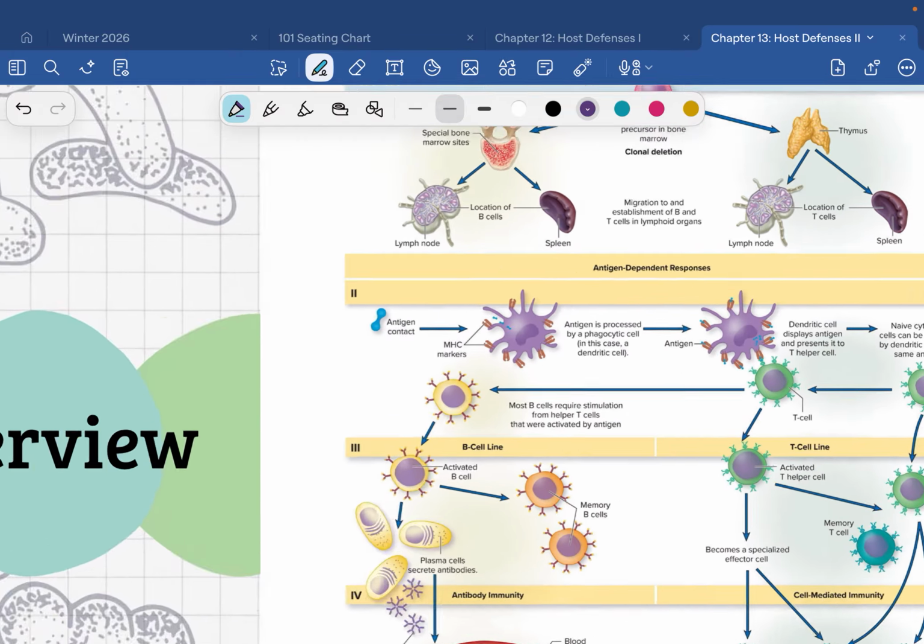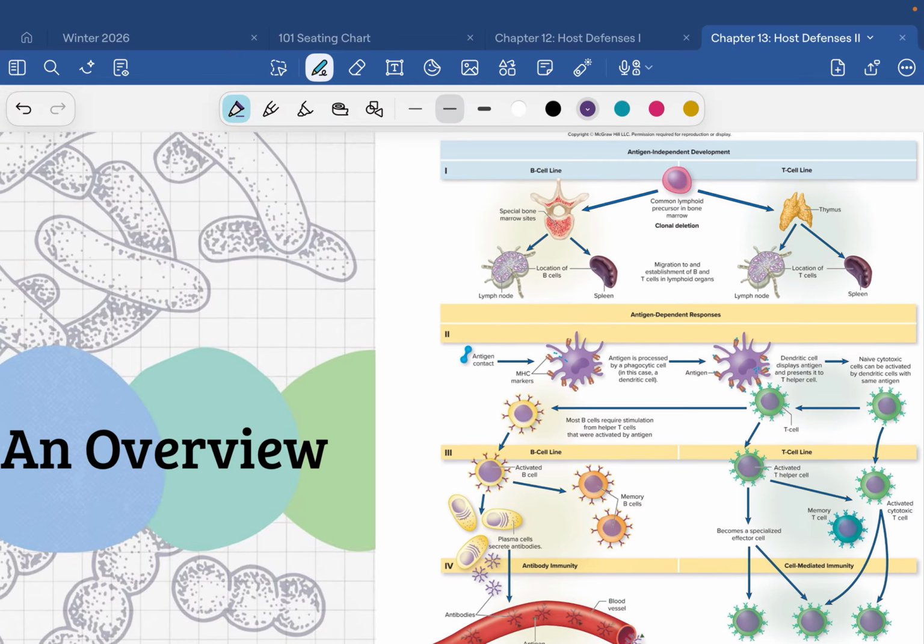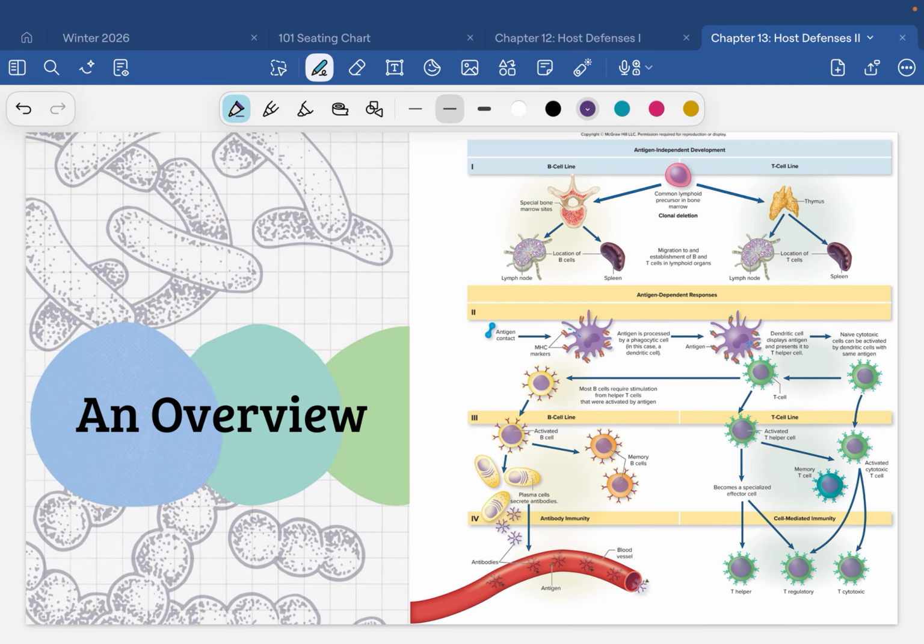All right, so this giant picture, and I know it's a giant picture and it's impossible to see up here, but it is also in your textbook, but this chart or diagram is one that you'll want to come back to as we go through this. Okay, so this is the overview of what happens on both sides of the immune system.